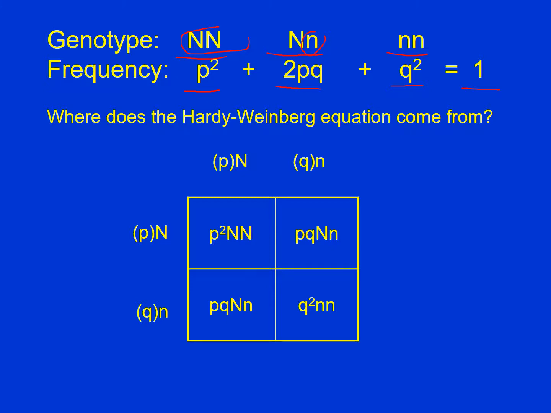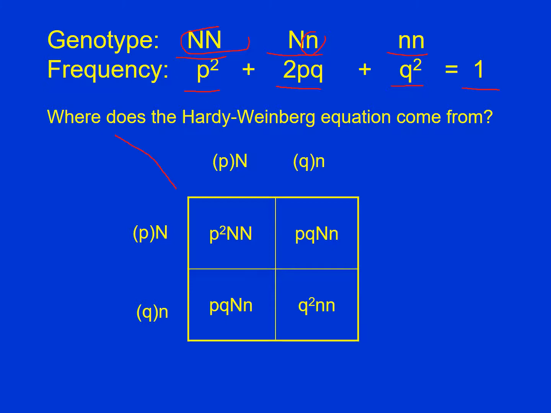So where does this equation come from? We can show that with this little illustration. One thing for the Hardy-Weinberg equation to work, the males and your females in the population have to have the same allelic or genotypic frequency.